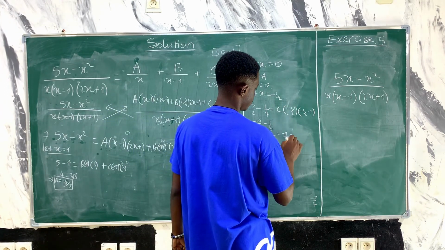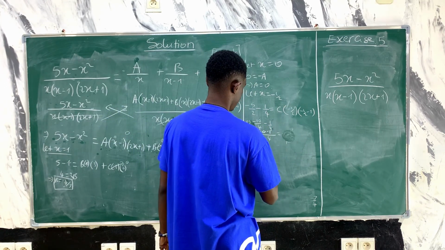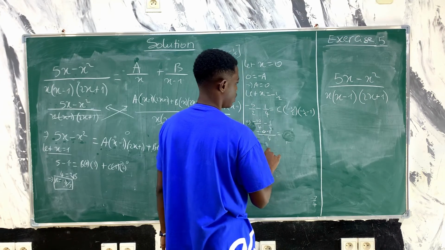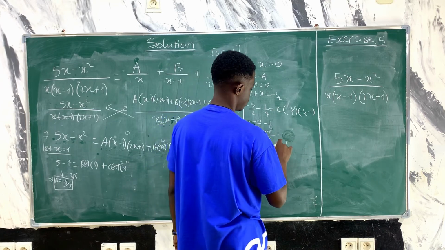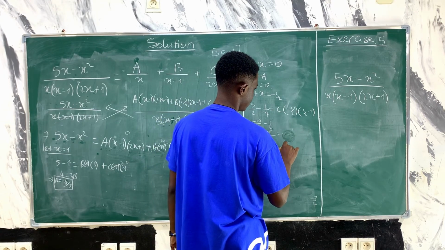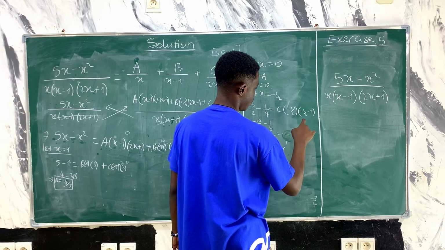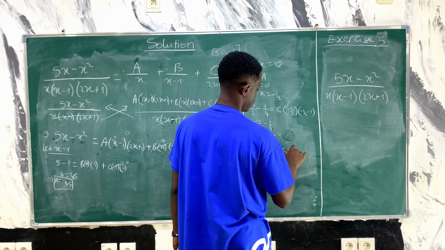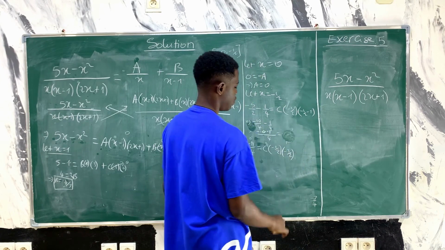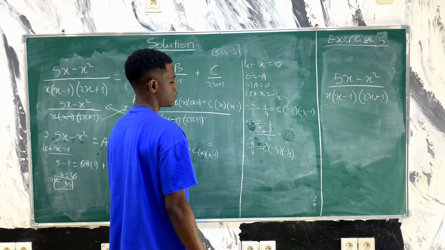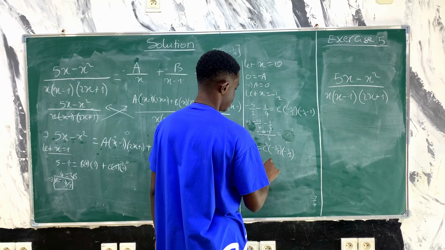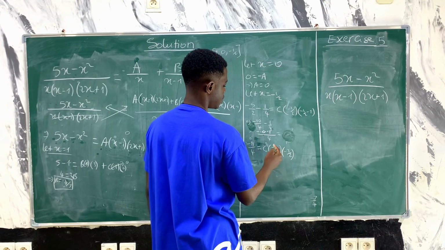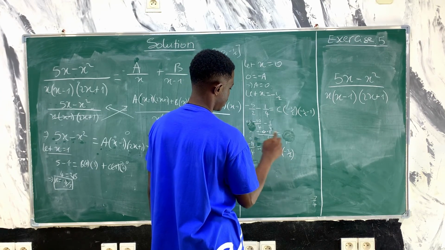That will be equal to c into minus half into minus half minus 1. I'll bring this side here and this side here.